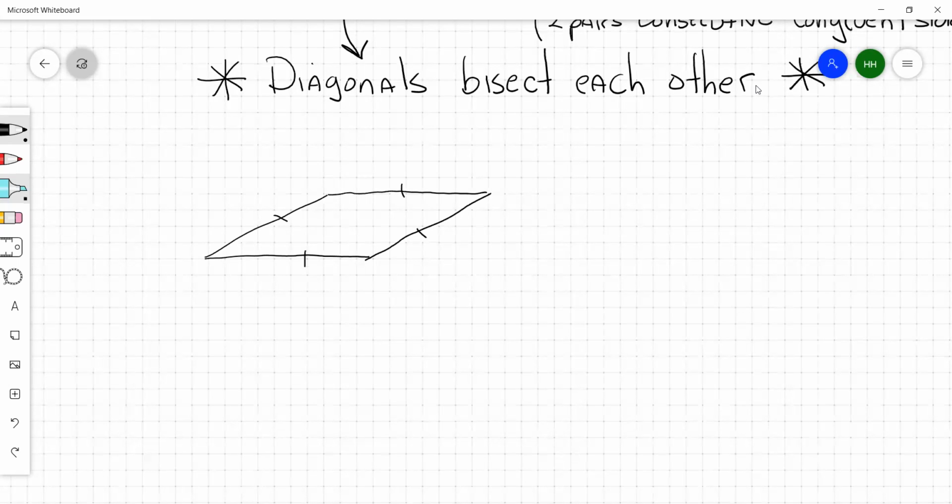When all the angles are 90 degrees, it's a square and the diagonals are congruent. But as soon as you start to tilt it, and as soon as one angle isn't 90, then the diagonals aren't congruent anymore, and it's not a square, it becomes a rhombus.